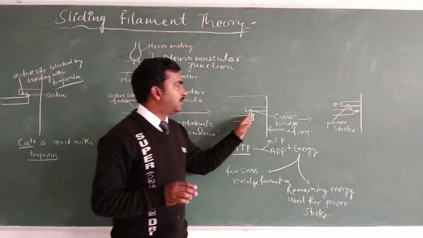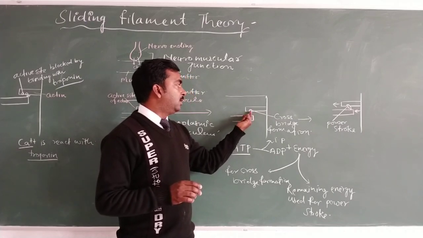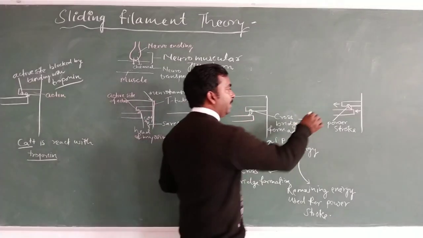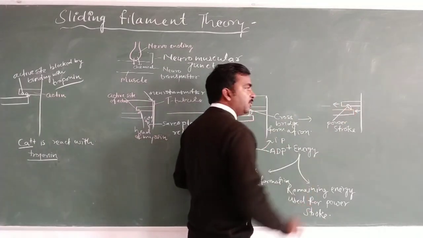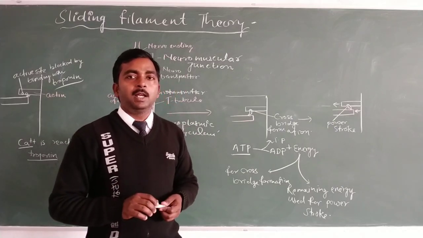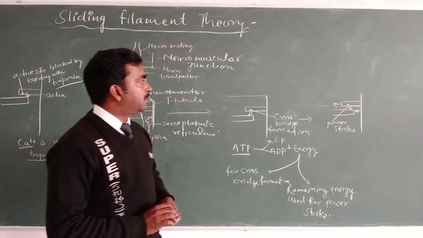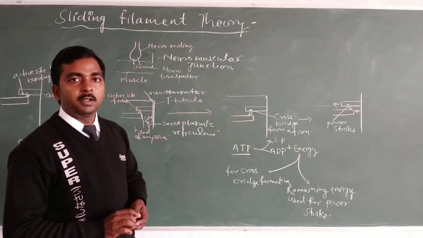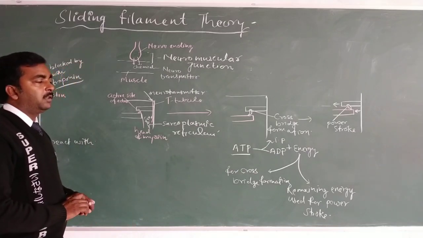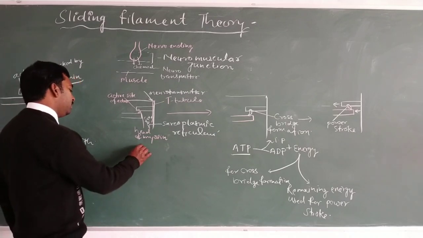Because here we can see that when the head of the myosin pulls the actin filament, the actin filament slides over the myosin filament. So in this way we can call it the sliding filament theory. And sliding filament theory is very helpful in the explanation of muscular contraction and relaxation.